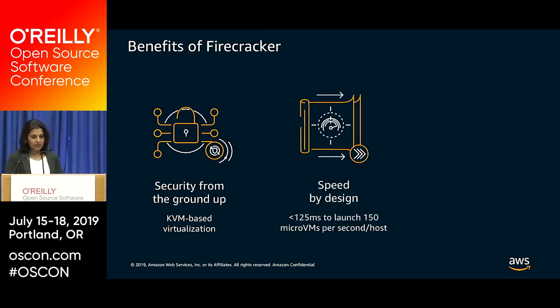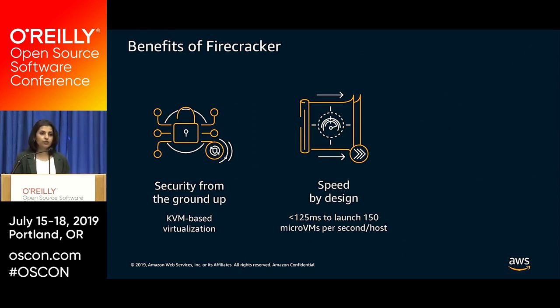Then we have speed by design. In addition to the minimal device model, Firecracker accelerates the kernel loading and provides a minimal guest kernel at a really fast pace. It only has two devices, virtio-net and virtio-block, and a few keys to do power management on the microVMs.